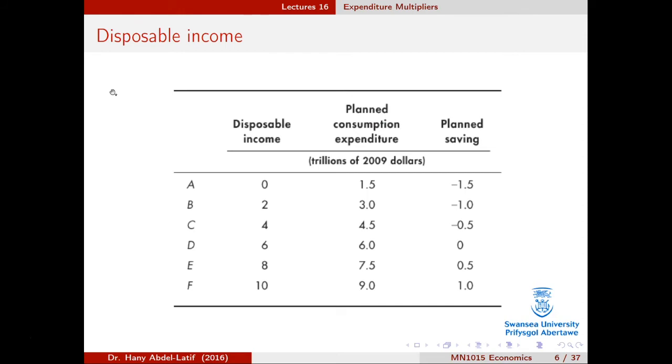Okay? So in this example now, we can generalize this. Yes, we can. We can now say there is a positive relationship between disposable income and consumption, meaning when disposable income increases, consumption increases. And also when disposable income increases, savings increases. Okay?